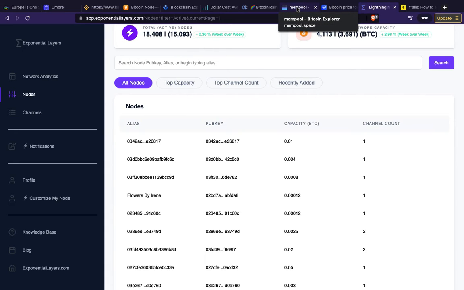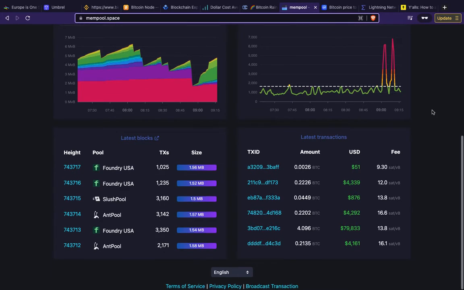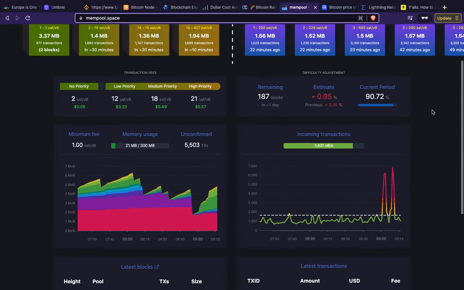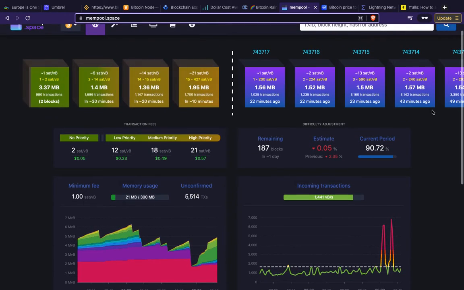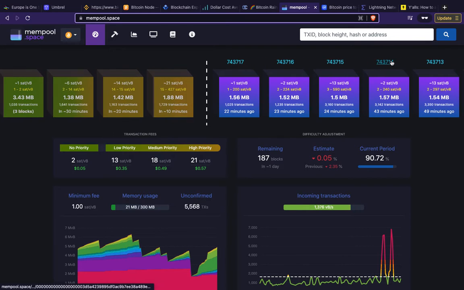Next, let's check the mempool. We see over here, I'm still new to this, but it's very interesting to look at the blocks, right? I really love this website.